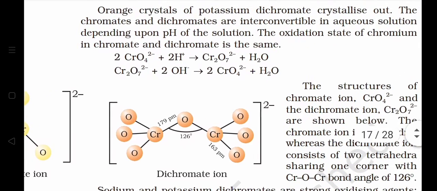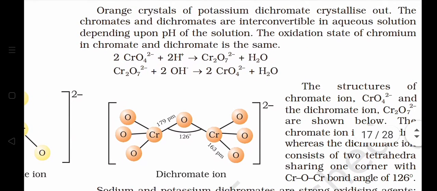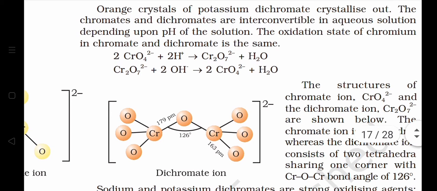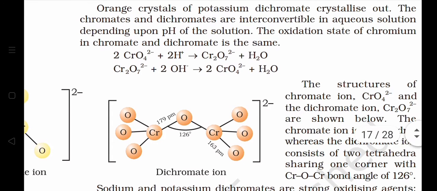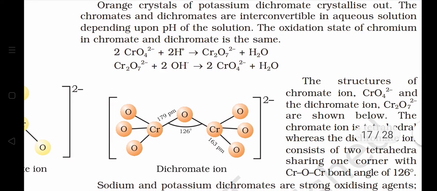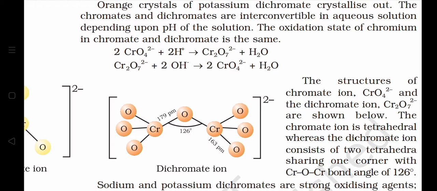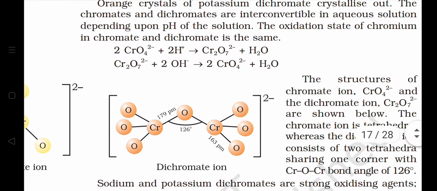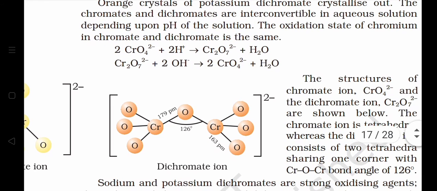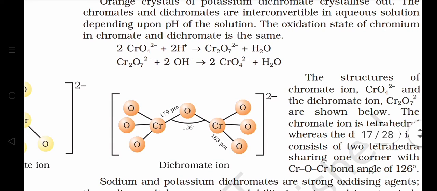Now look at the equation. CrO4 2 negative, when acid is poured into this solution, it gets converted into dichromate ions. Therefore the yellow color of chromate ions on acidification changes to orange color due to dichromate ions.